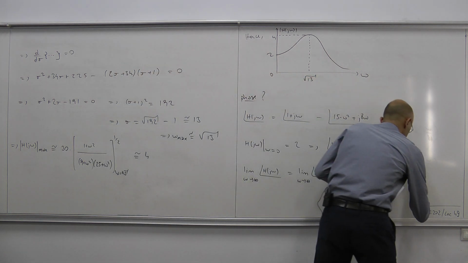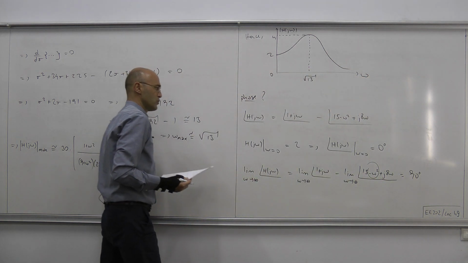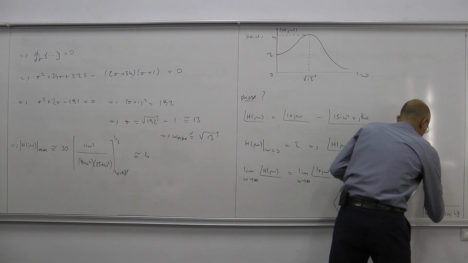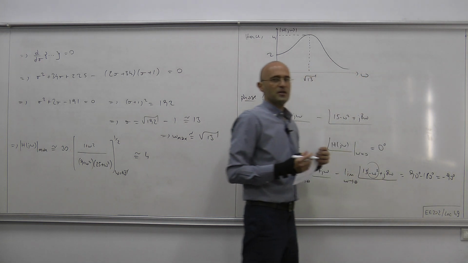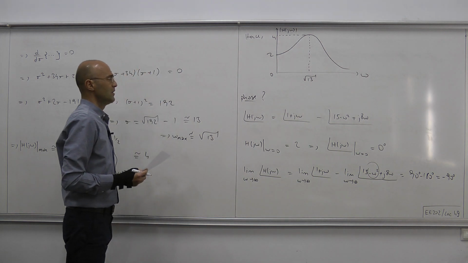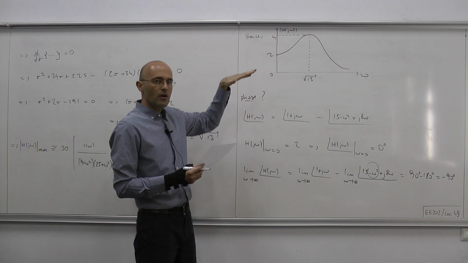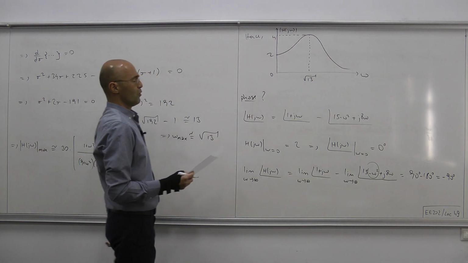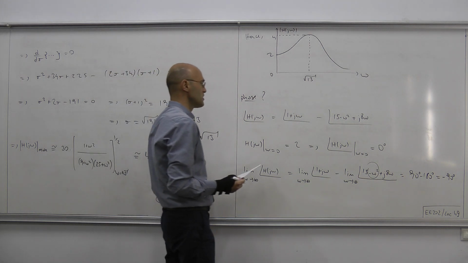So when ω goes to infinity, the phase goes to 90 minus 180, which is minus 90 degrees. So the phase should roughly start at 0 and head toward minus 90 degrees.